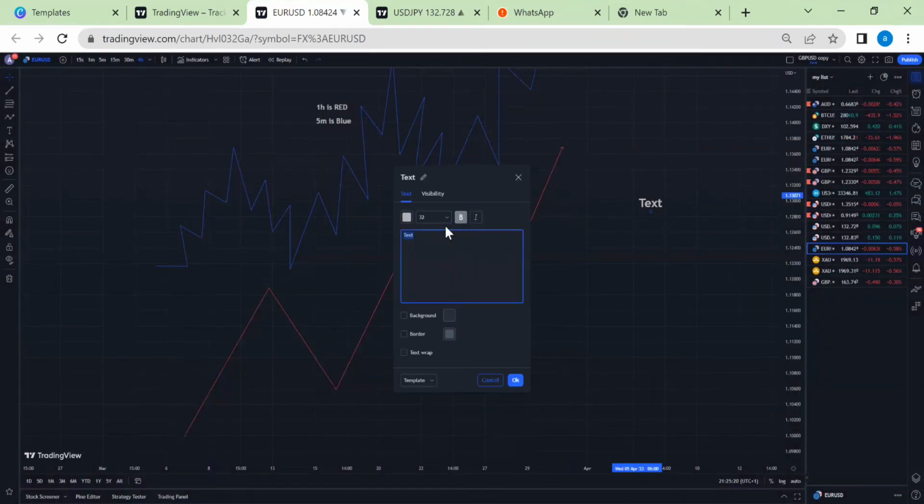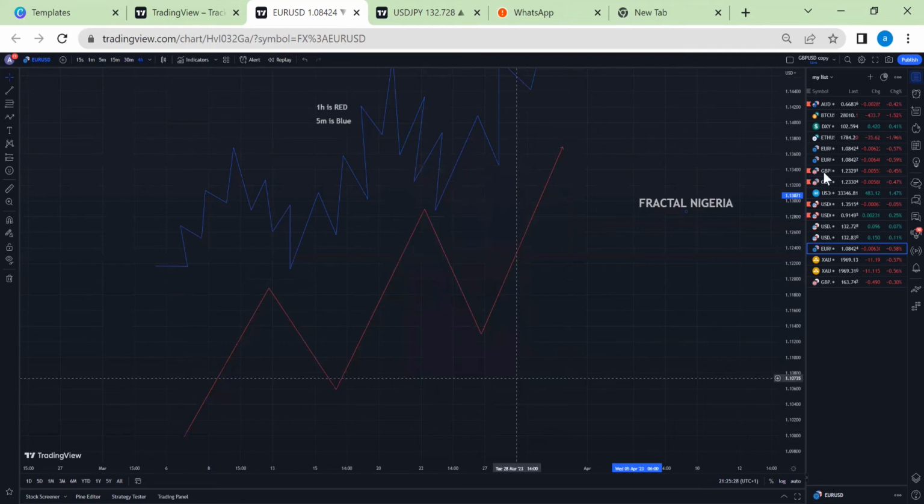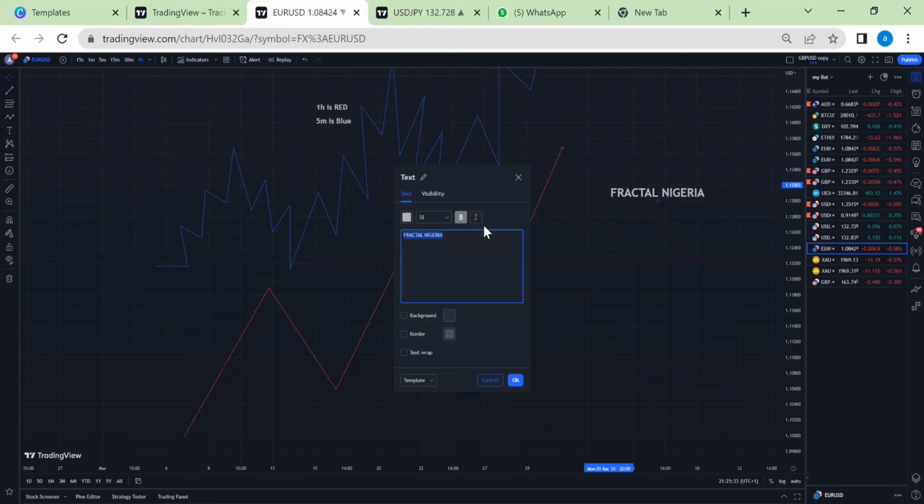I may not pronounce it very well because I'm from Nigeria, not from the UK. So we have it, the fractal nature of price. What does this fractal nature of price mean?